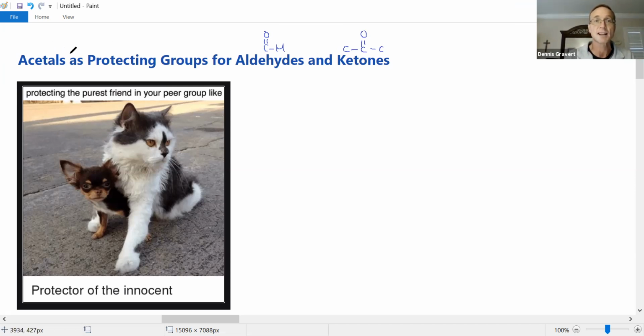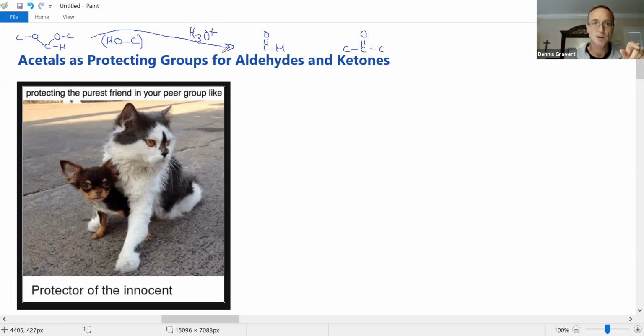If you form an acetal, where you had the double bond O, you separate them to get two single bond oxygens, and then you attach carbon to them because these oxygens came from an alcohol. And if it's not a hydrogen, if there's carbons on both sides, then you have the acetal from a ketone.